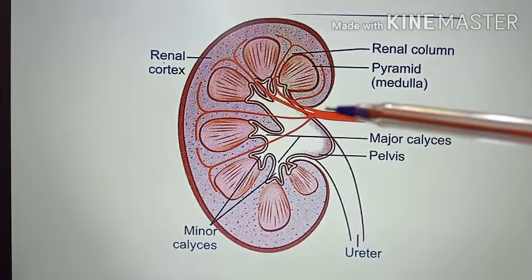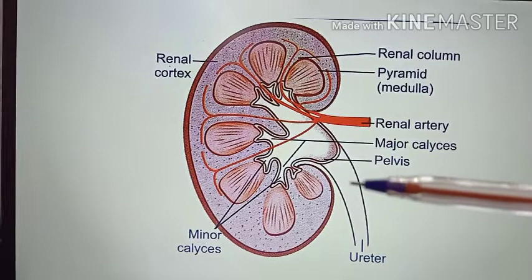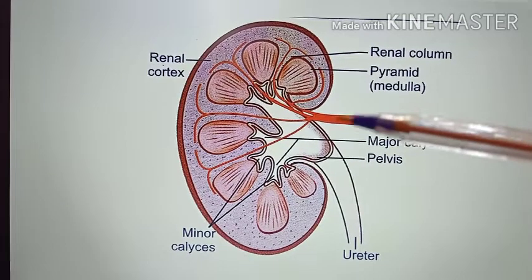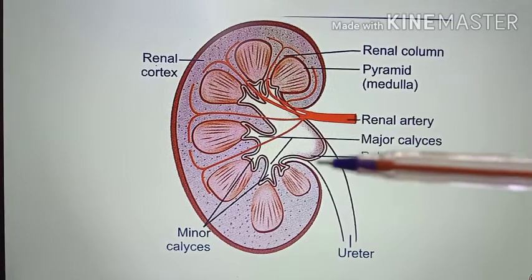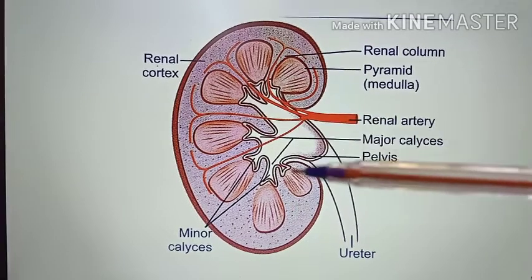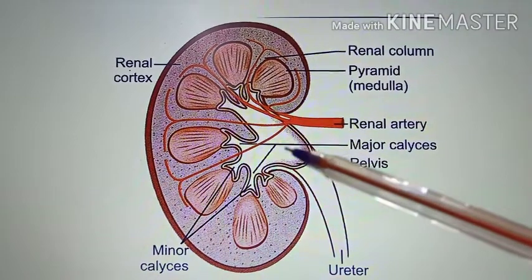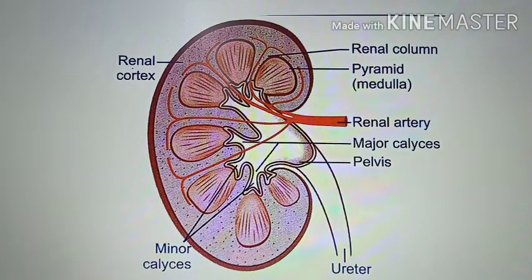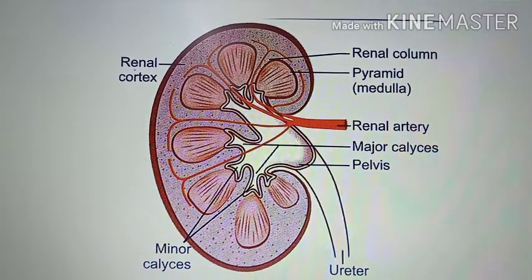This portion is the hilum of the kidney, where you have the renal pelvis, renal artery, and renal vein. The renal sinus contains the renal blood vessels, lymphatics, fat, and minor calyces.